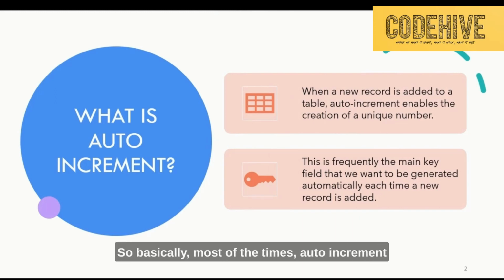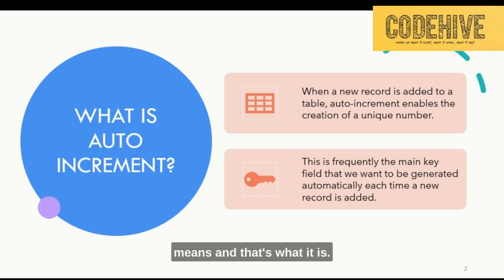Most of the time, auto increment is used for a primary key column. You want the primary key to start from 1 and then go to 2, 3, 4 without you having to manually put it in. That's when you would use the auto increment function or statement. So basically that is what auto increment means.